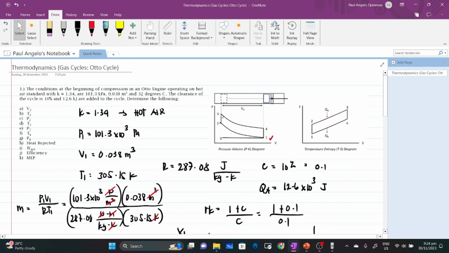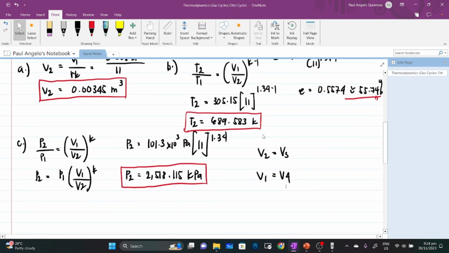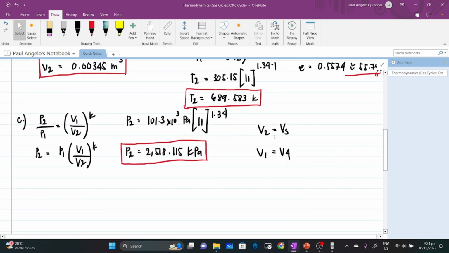So 2 and 3 are represented by a straight vertical line. So thus with 1 and 4. Okay? Next. So now we have this certain magnitude.